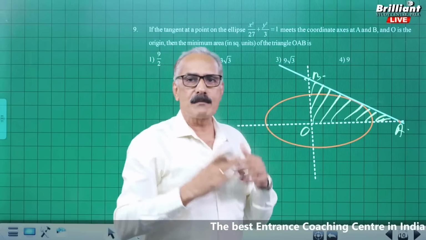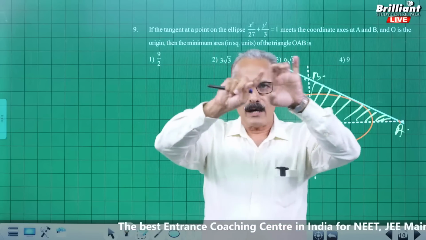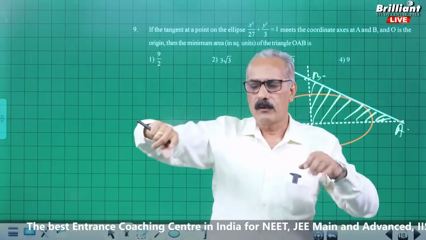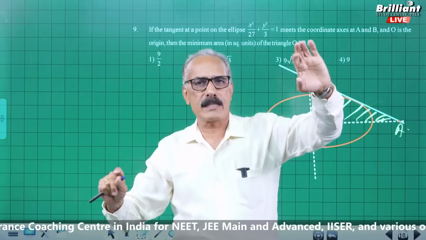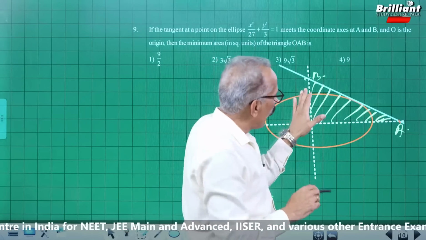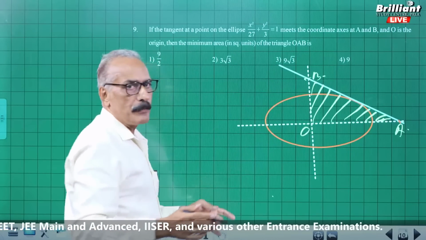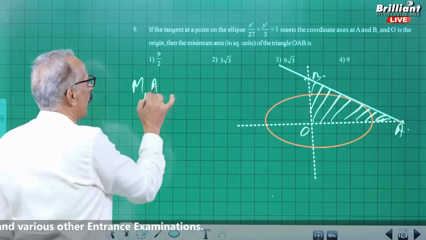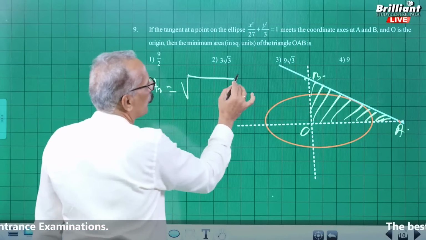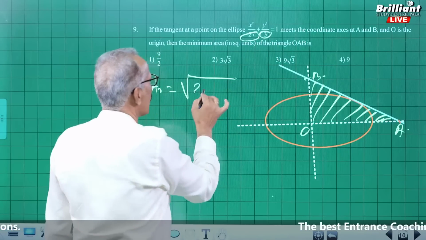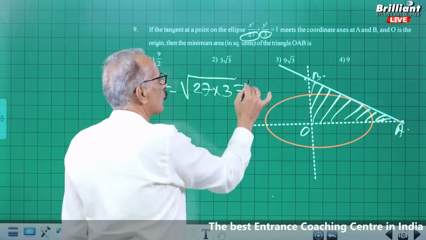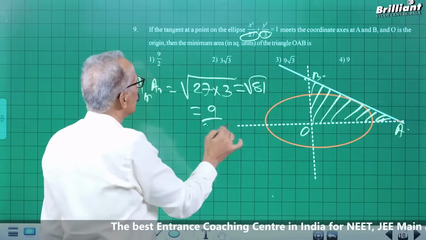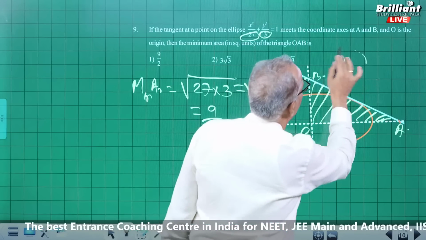The ellipse is there, the tangent is cutting both the x and the y axis, and we want the minimum area. Remember this top secret: the minimum area will be the square root of 27 into 3, that is root over 81, which is equal to 9. The answer is this.